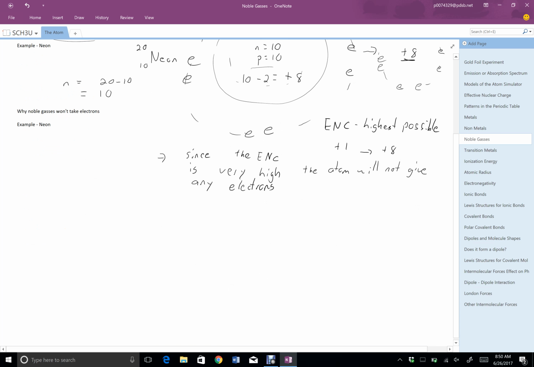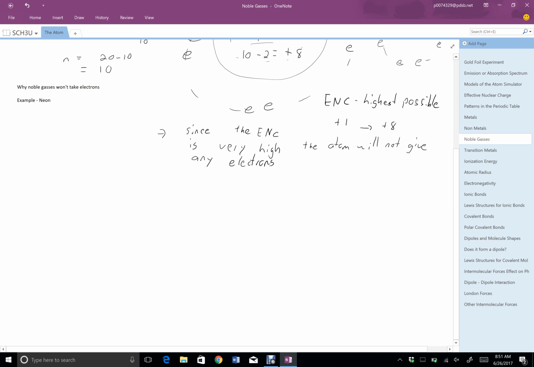I'm going to just scroll down here and get myself a little more space to work with. Again, just to redraw what I just had, I have my plus 8 and my 8 electrons. So you might mistakenly think that that plus 8 effective nuclear charge should be very attractive to incoming electrons from any other atom, say from a metal or something like that.